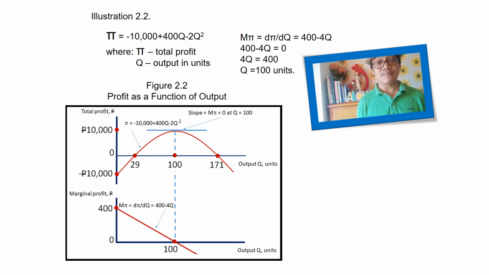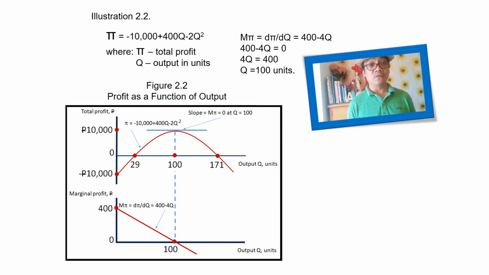The profit maximizing output is calculated by finding the derivative of the function, then determining the value of Q at which the derivative or marginal is equal to 0. So you have here the marginal profit equals the first derivative of the profit function, which is equal to 400 minus 4Q. So equating it to 0, we have 400 minus 4Q equals 0.